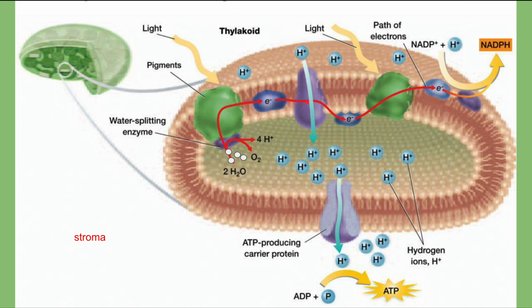Now we need to use the electron's energy to transport these hydrogen ions into the thylakoid space, or lumen. It requires energy to do that because this is a form of active transport. You're moving things from a low concentration to a high concentration, or in this case, against the concentration gradient.